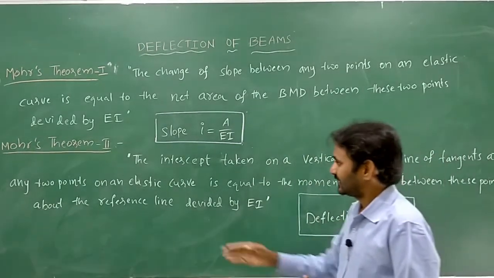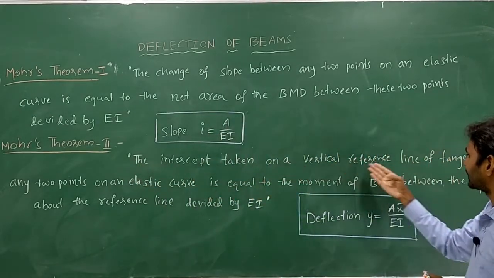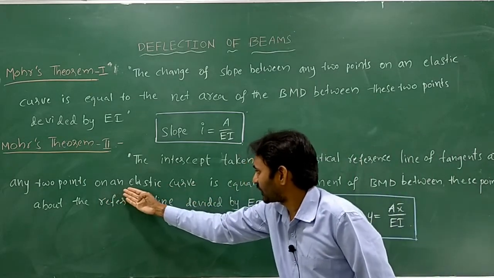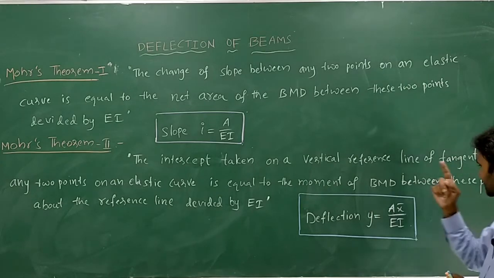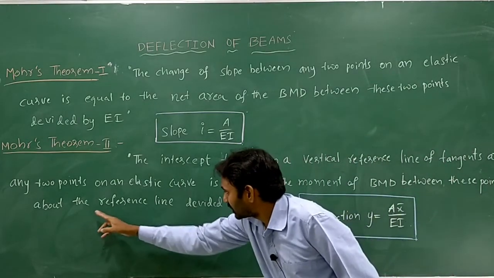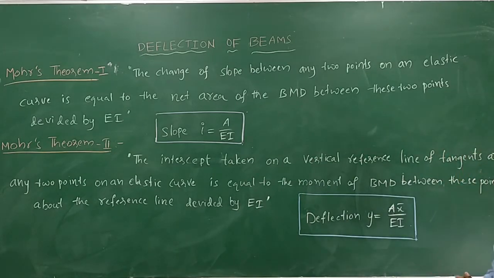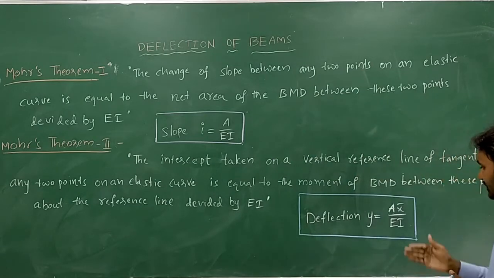And let us see Mohr's theorem 2. The intercept taken on a vertical reference line to the tangents at any 2 points on an elastic curve is equal to the moment of the bending moment diagram between these points about the reference line, divided by EI. After Mohr's theorem 1, here you are going for theorem 2.